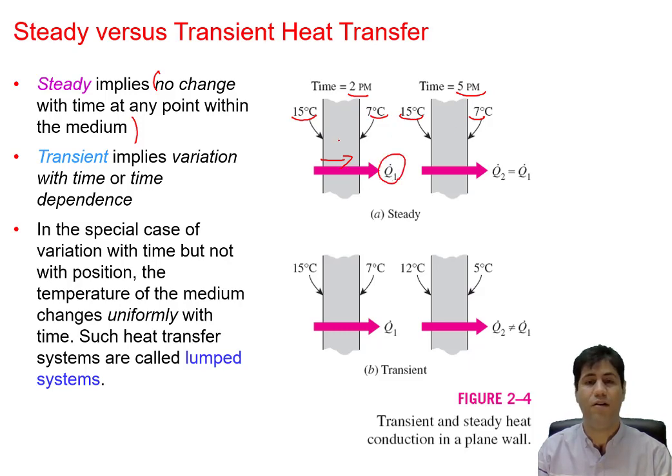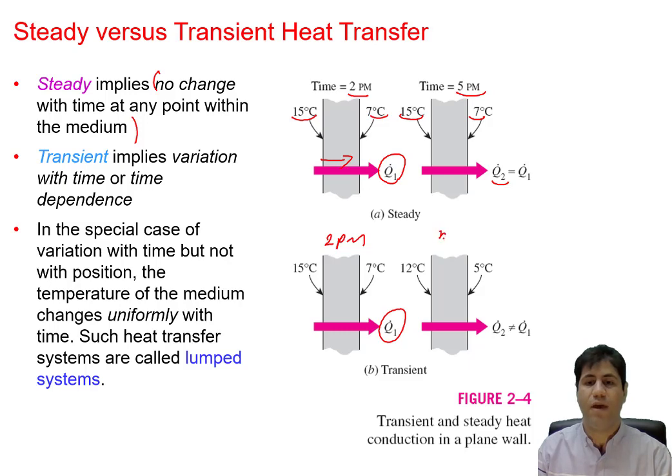So Q dot 1 at 2 p.m. is equal to Q dot 2 at 5 p.m. But if at 2 p.m. the temperatures are again 15 degrees Celsius and 7 degrees Celsius, we have Q dot 1, with its value and direction of heat transfer.